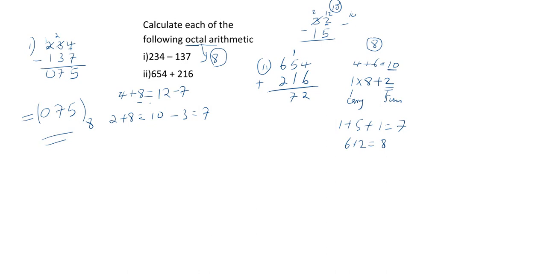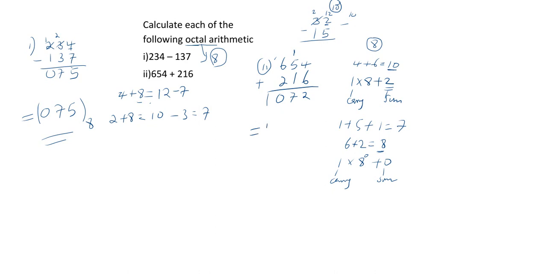So we cannot write 8. What we do, when you get 8, this can be written as 1 times 8 power 1 plus 0. So 0 becomes the sum and 1 becomes the carry. So in this case we are going to write 0 carry 1, then we have 1.